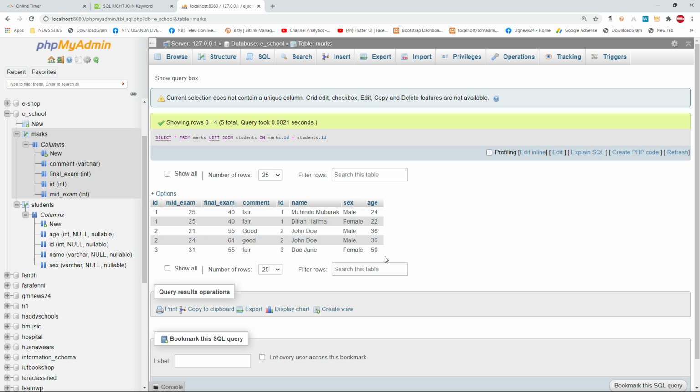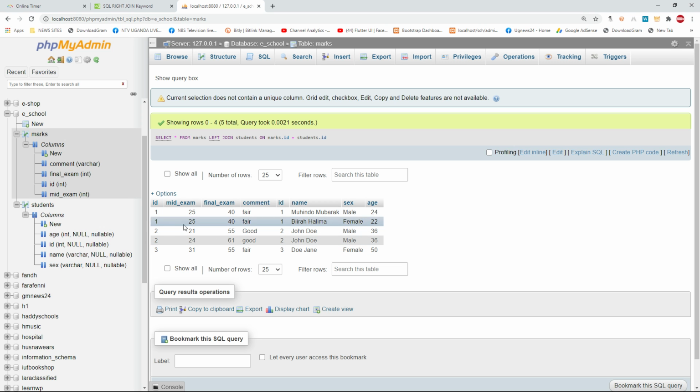That's why we are not seeing any null. It has represented all the marks, and these marks got the owner. So it makes sure that all of them are well presented. There's no mark which was left with no owner. That was the right join.